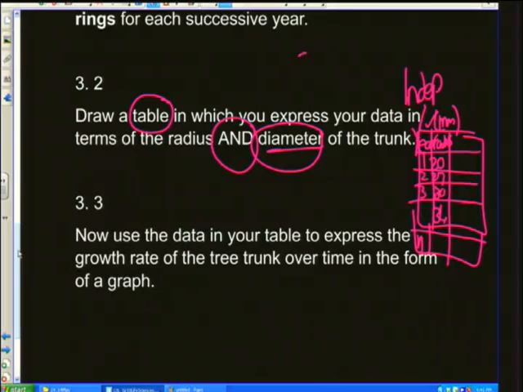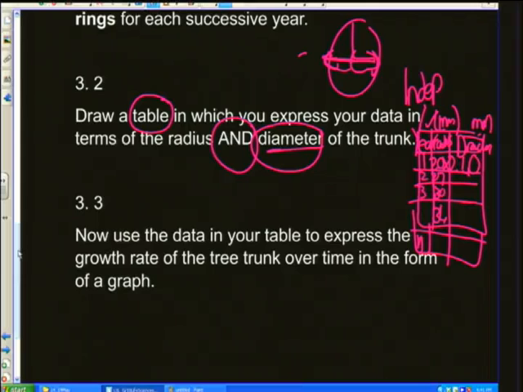If I circle, radius is half, the diameter is the full length from point A to point B. So times by 2. My diameter is also in millimeters. 20 times 2 would be 40.